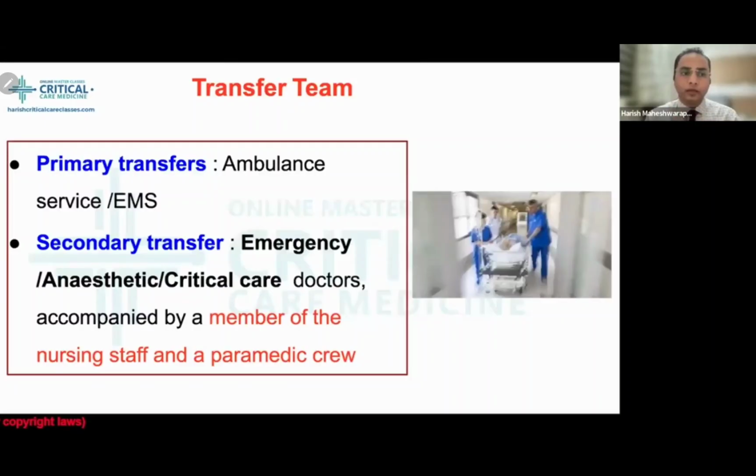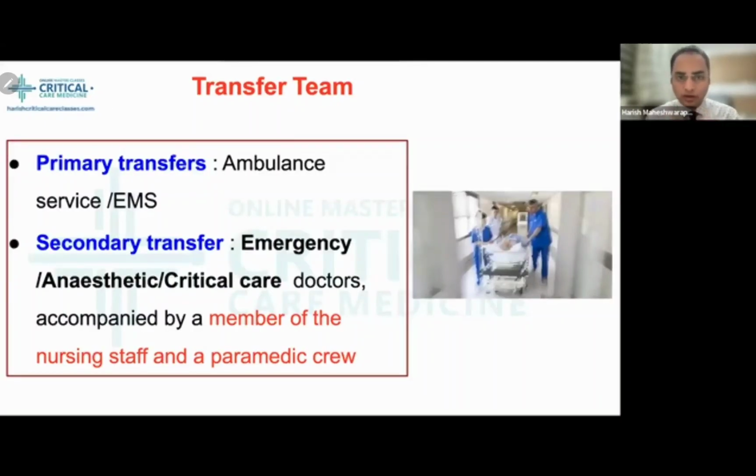Now the transfer team. What exactly is involved in the transfer of a patient? For primary transfers, ambulance services or emergency medical services are involved. For secondary transfer, emergency, anesthetic or critical care doctors accompanied by a member of the nursing staff or a paramedical crew are involved.